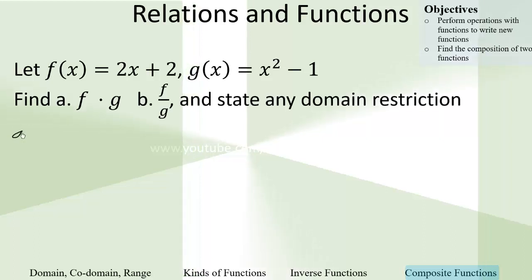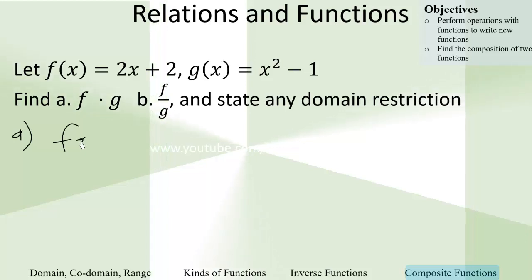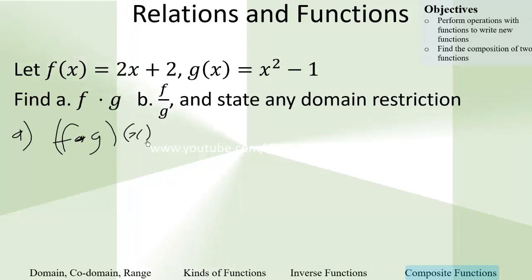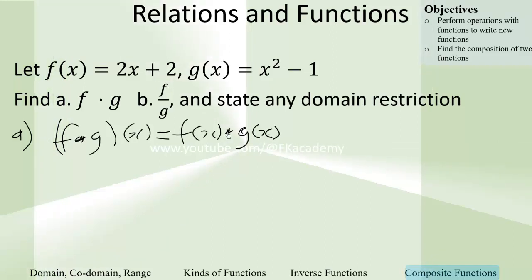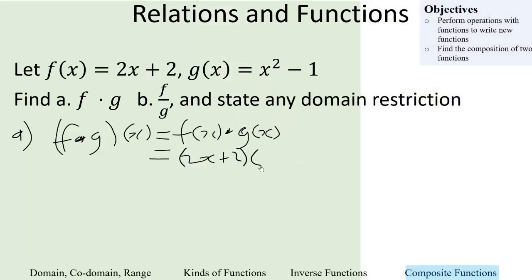We have a part: f times g of x will be equal to f of x times g of x. So it's a dot, please. And this will give us 2x plus 2 into brackets x squared minus 1.